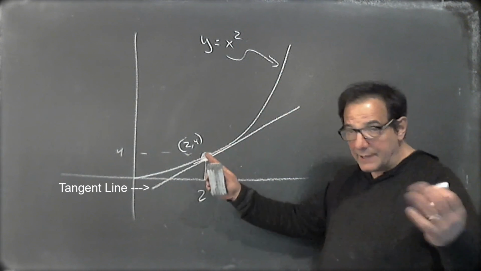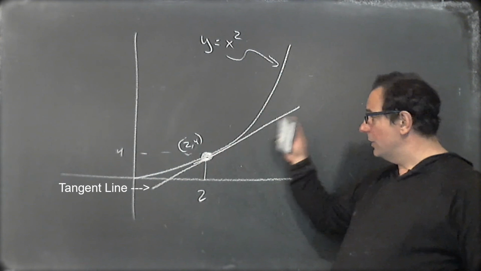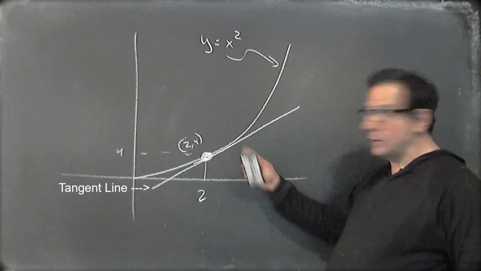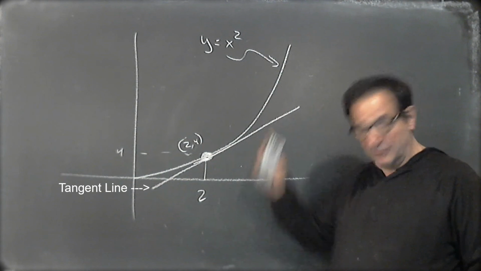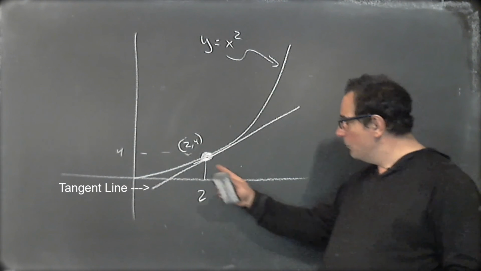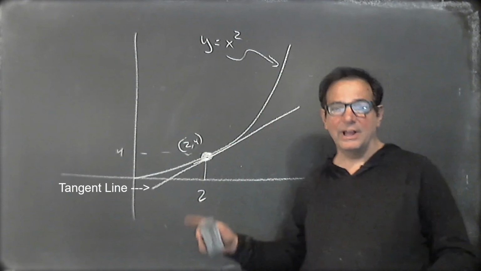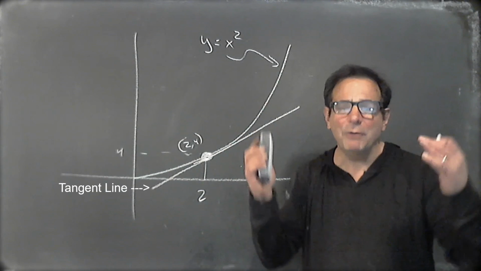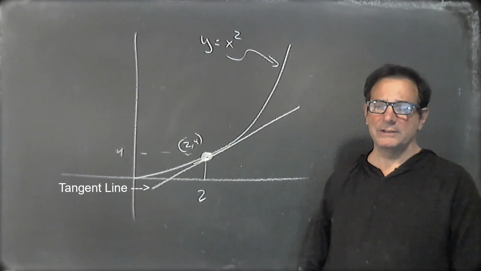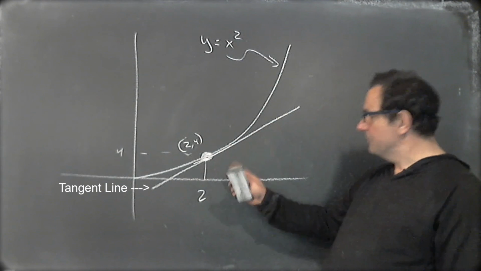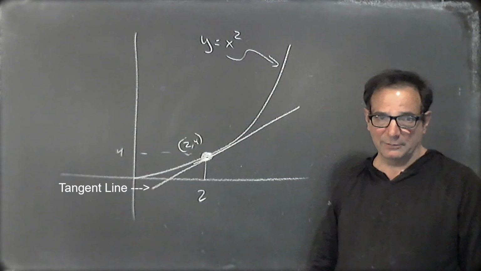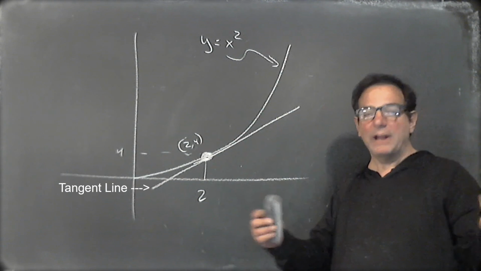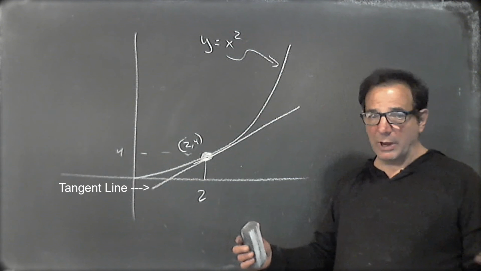Now, again, there's a problem. If I want to use this line, which is a simple thing, to understand something more complicated like a curve, I would need two points on this line to compute the slope. I don't have two points on this line. I wish I did, because then all I would have to do is compute the rise over the run. So this was a great idea that kind of went nowhere.